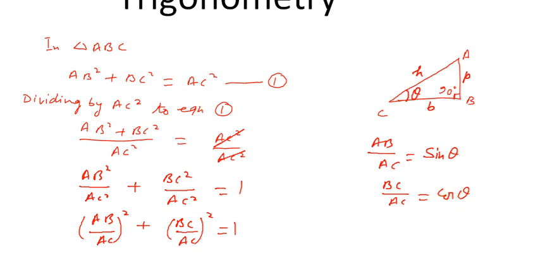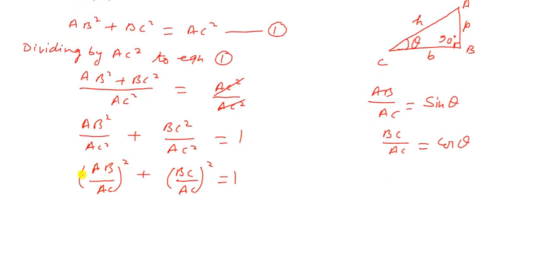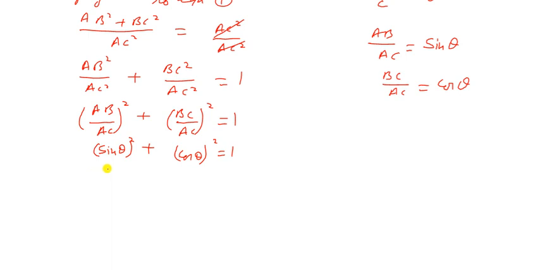Now put these values in this equation. So we can write here it is sine theta whole squared plus cos theta whole squared, equal to 1. Now in general we can write like this: sine squared theta plus cos squared theta equal to 1.